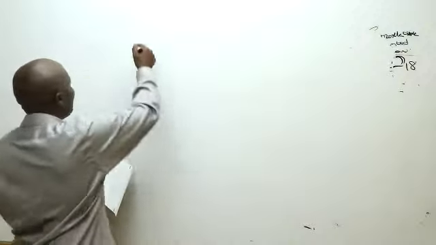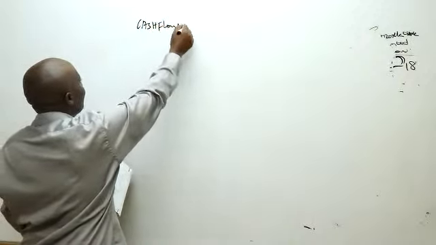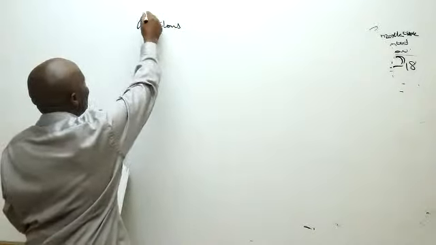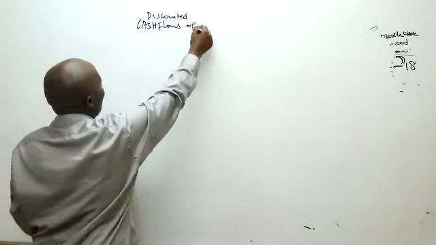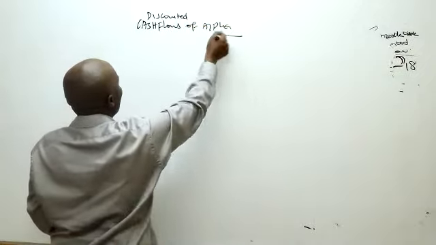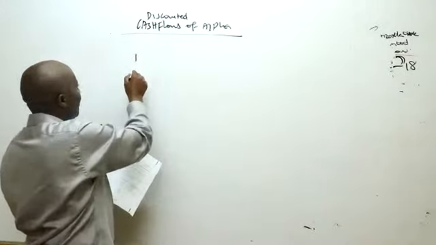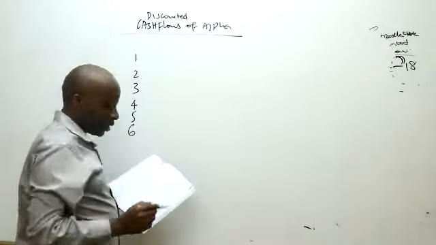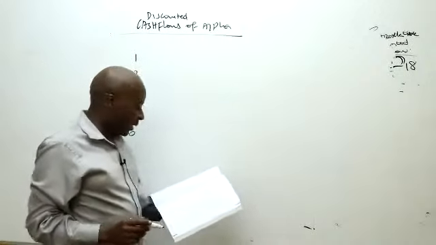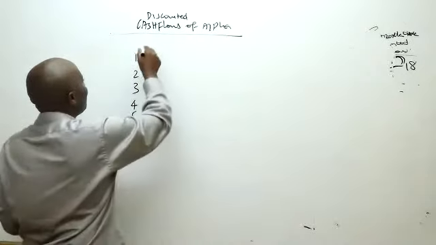So we have here the discounted cash flows of project Alpha. Here is our year: 1, 2, 3, 4, 5, 6. And then they have given me what they are calling the pre-tax cash flows.